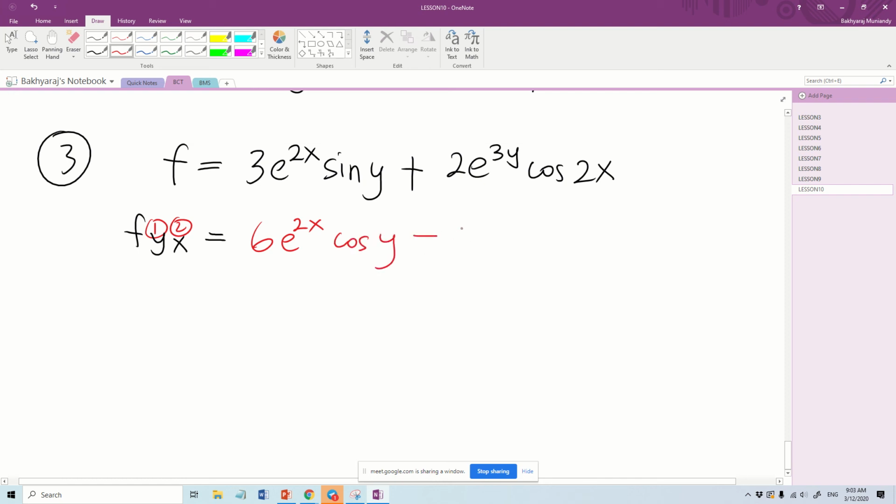Okay, 6 exponent 3y sin 2x. Okay, thank you Abdul. Anyone have a different answer than this?